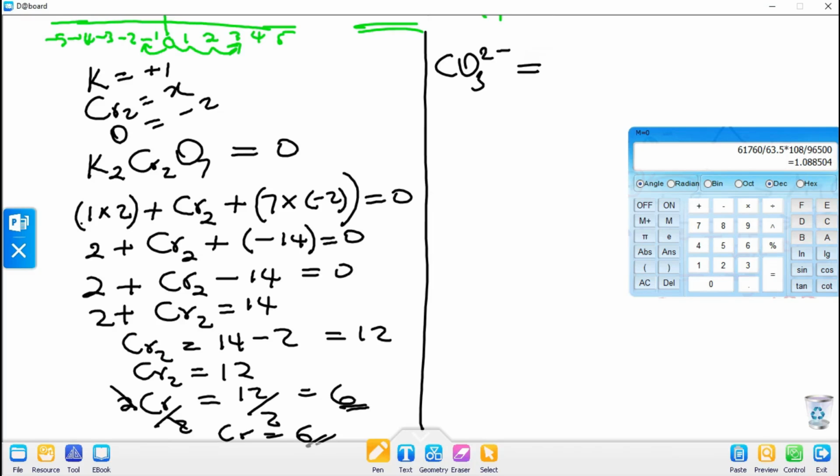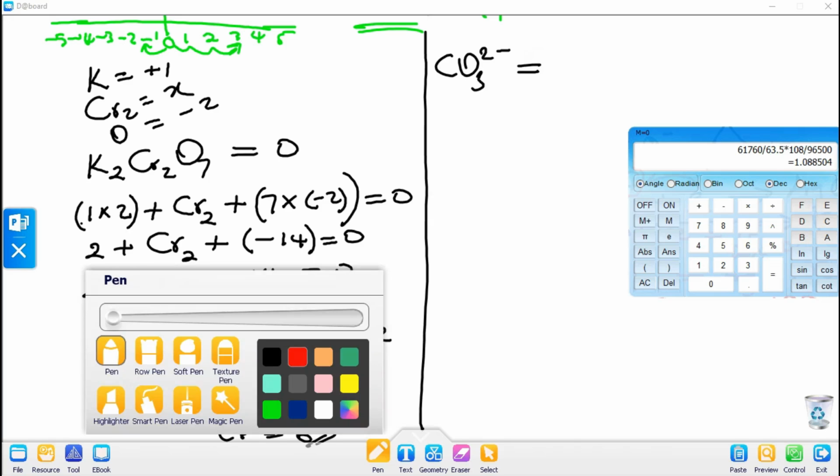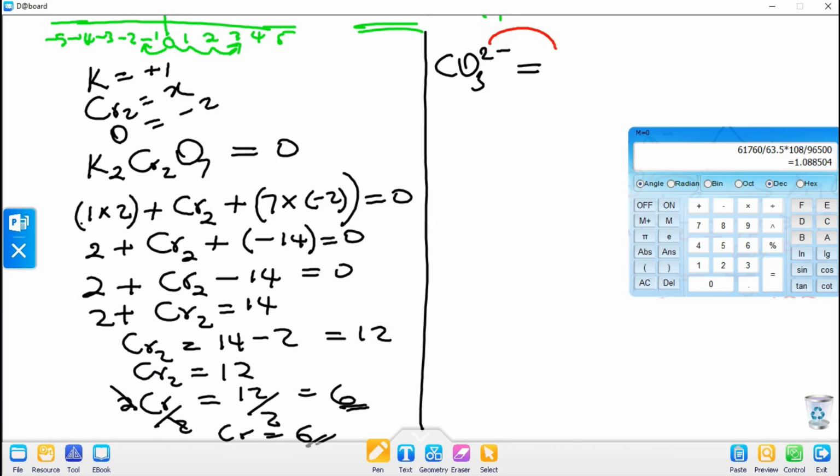So instead of saying this is equal to 0, we'll simply say it is equal to minus 2. So we equate the whole compound to minus 2. So this is going to be the charge that the radical is having, that is this minus 2. We'll just bring it down here and equate everything to minus 2. So we simply rewrite it as CO3 is equal to minus 2. It's as simple as that.